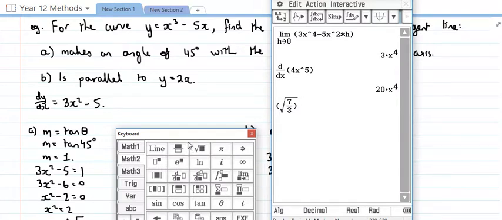Whoops, better make sure I move that outside the square root sign, so to the power of 3, and then minus 5 times the square root of 7 over 3. And if I make sure it's in standard, I get negative 8 root 21 on 9.